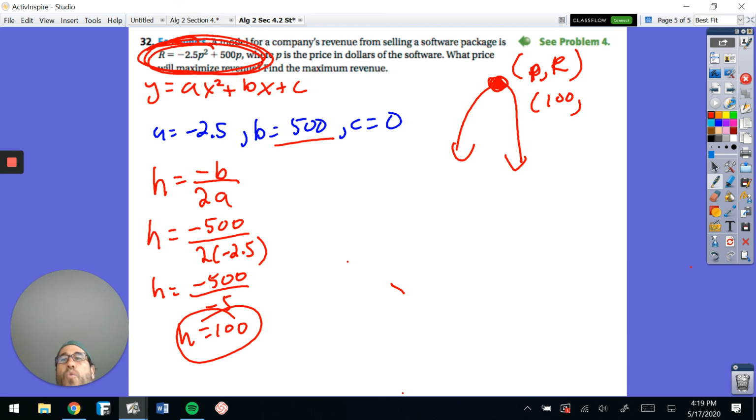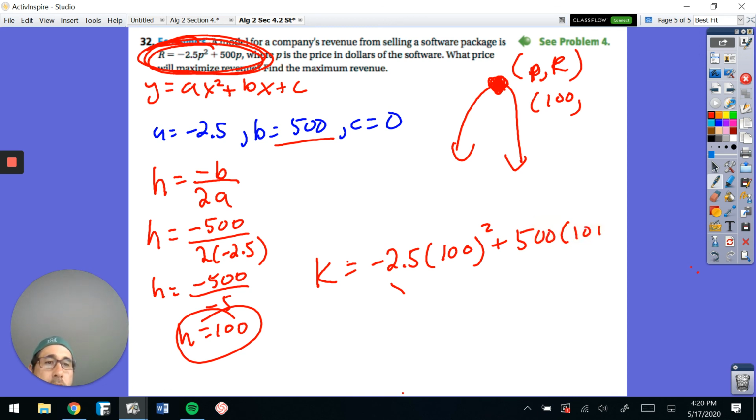But what is its revenue? How much money is this company making? Well, since that's R, or the vertex, that would be my K value. Well, how the heck do I find the K value? Remember, that's just a negative 2.5. We're going to put 100 in there because that is the H, right? It's 100 comma, so we're going to square that. 500 times 100.